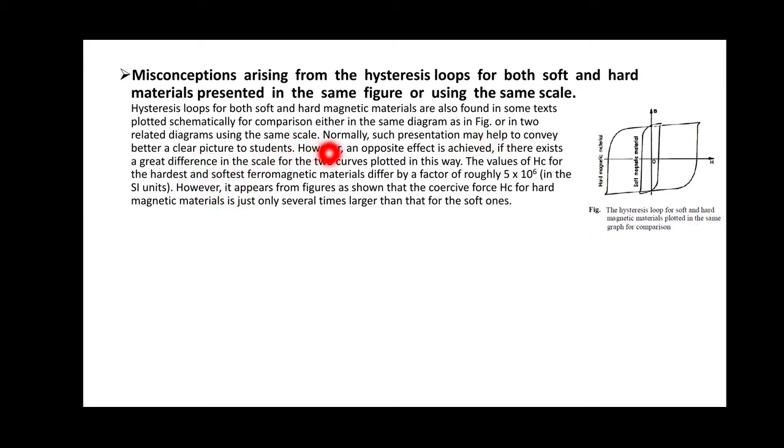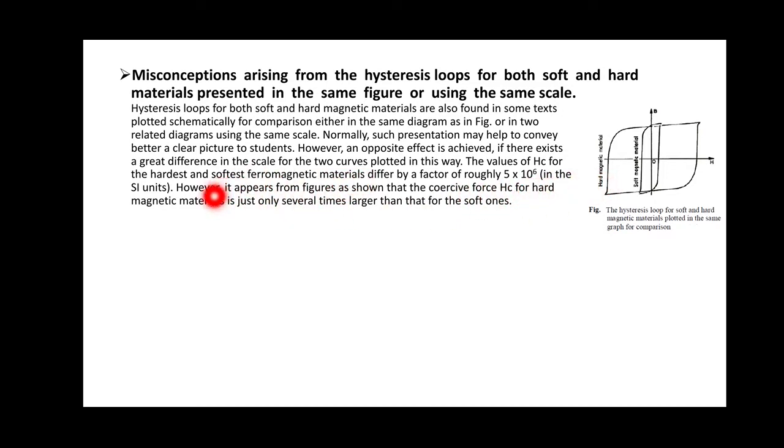Normally, such presentation may help to convey a better, clearer picture to the student. However, an opposite effect is achieved if there exists a great difference in the scale for two curves plotted in this way. The value of HC for the hardest and the softest material may differ by a factor of 10⁶ times in SI units.